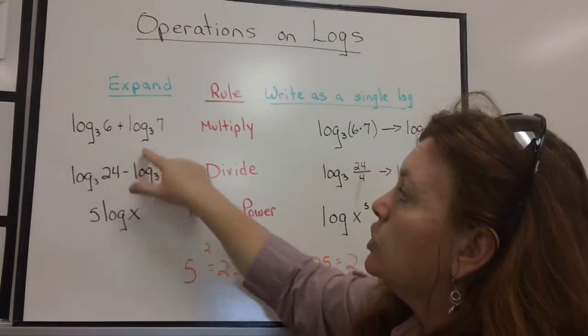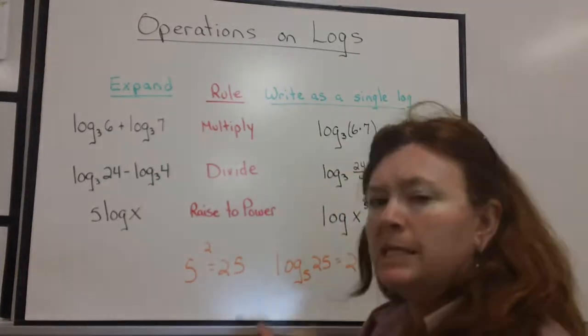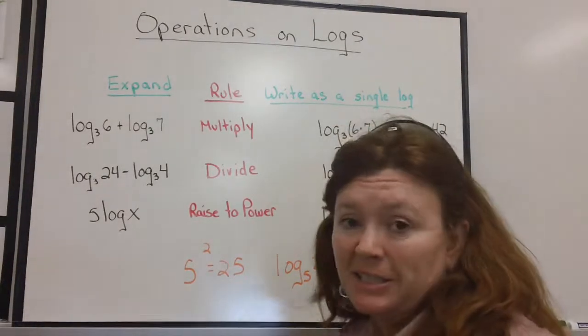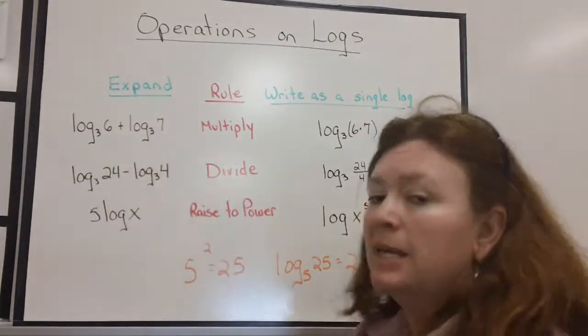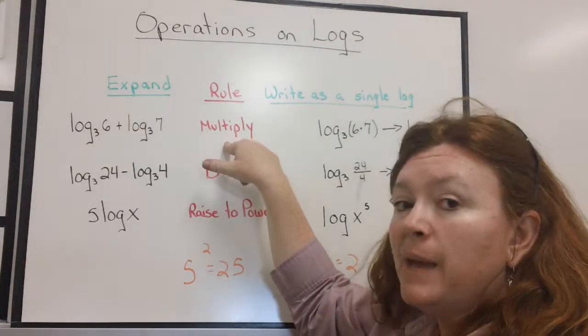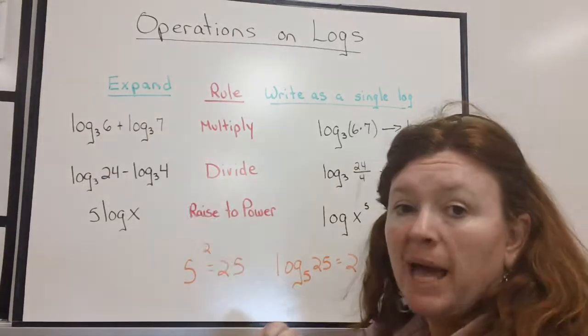When I am adding two logs, it's like I'm adding two exponents. And when did we add two exponents? When we had the same bases, and they were being multiplied. When the same base was being multiplied, you added the powers.